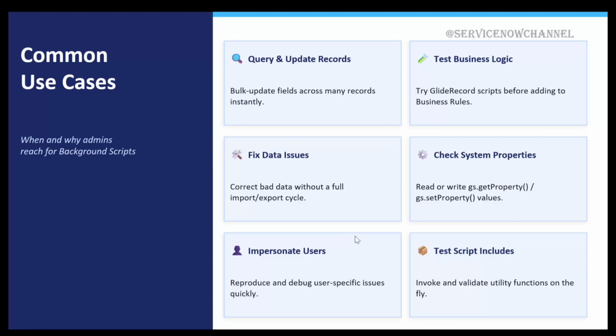Next, test business logic. Try GlideRecord scripts before adding them to a business rule. I will explain what GlideRecord is in an upcoming section. By using GlideRecord, you can fetch values from a table, and we use GlideRecord in a business rule.